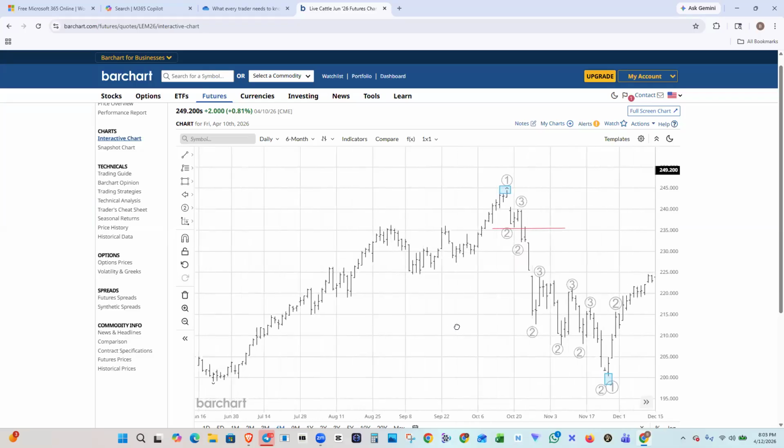Look at that uptrend. That was a long uptrend. That's the downtrend. Okay, can you show the downtrend that was on the other side?